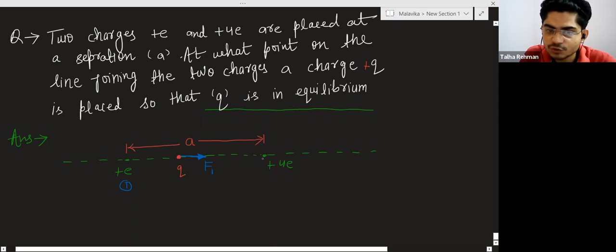Now due to this charge, this is a positive charge and this is also a positive charge, so these charges will repel. If you place a charge here, this charge will try to repel it with some force. I am supposing this as charge 2. This is F2.